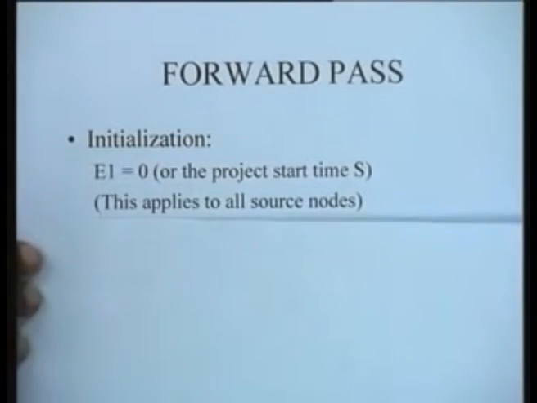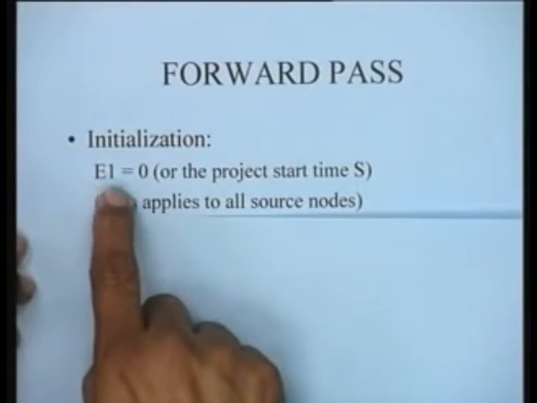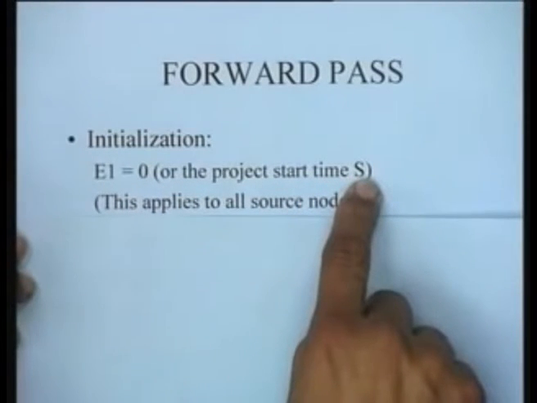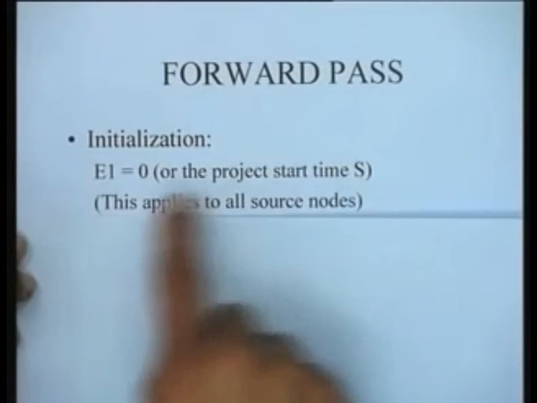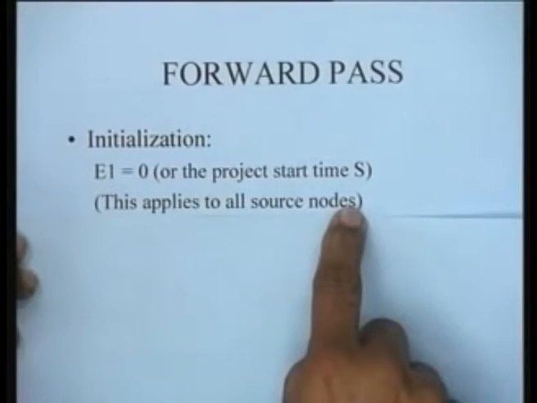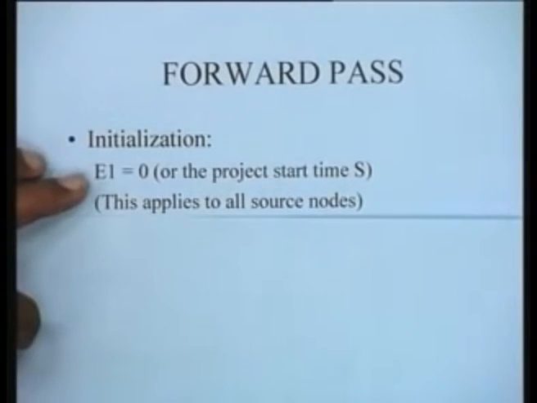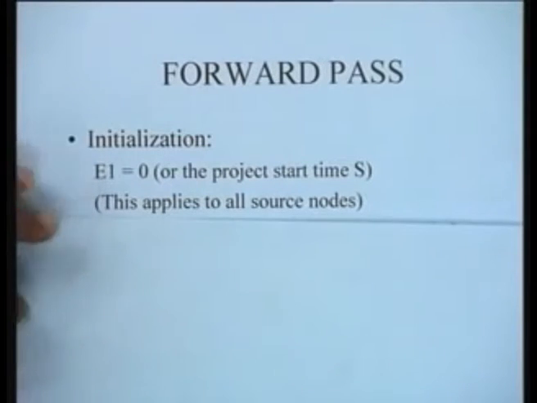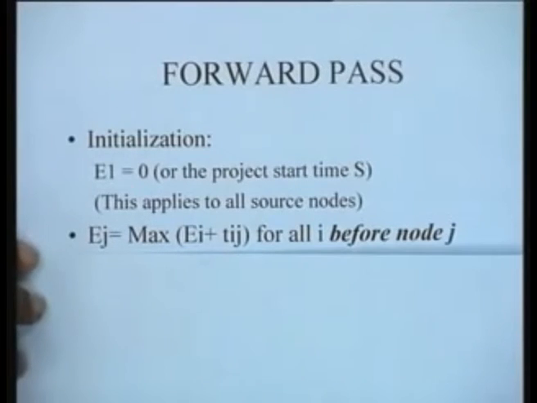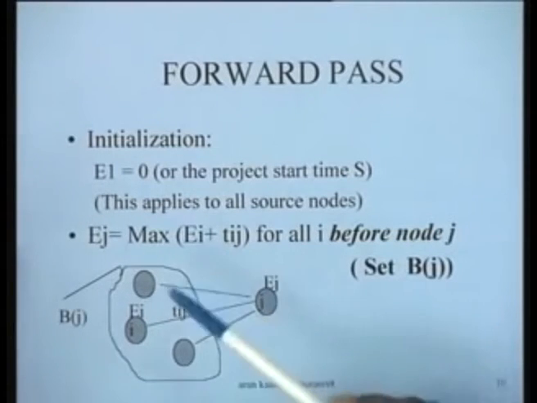The initialization step simply says that the earliest occurrence time of the first node is equal to 0, or equal to the project start time s. This is the initialization time of the project. It applies to all the source nodes. If there are many source nodes in a project network, they would all have an earliest occurrence time of the initial event equal to 0, and then the basic computation is performed by this particular formula.